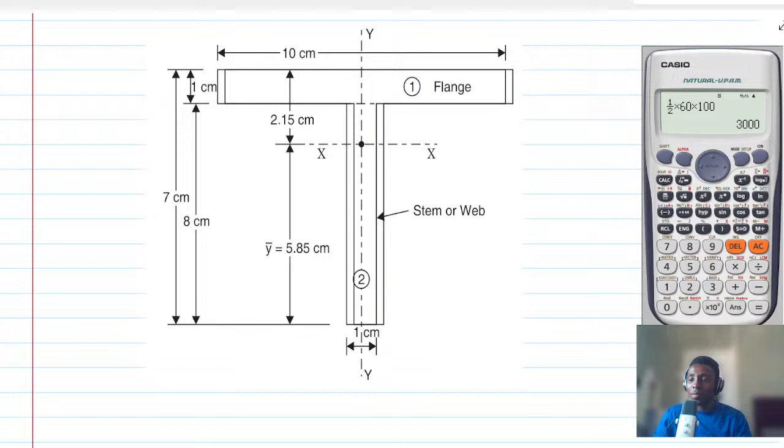So it's simple. I'm going to teach you what we call the parallel axis theorem, and then how you can use it to solve questions like this. So let's solve this question.